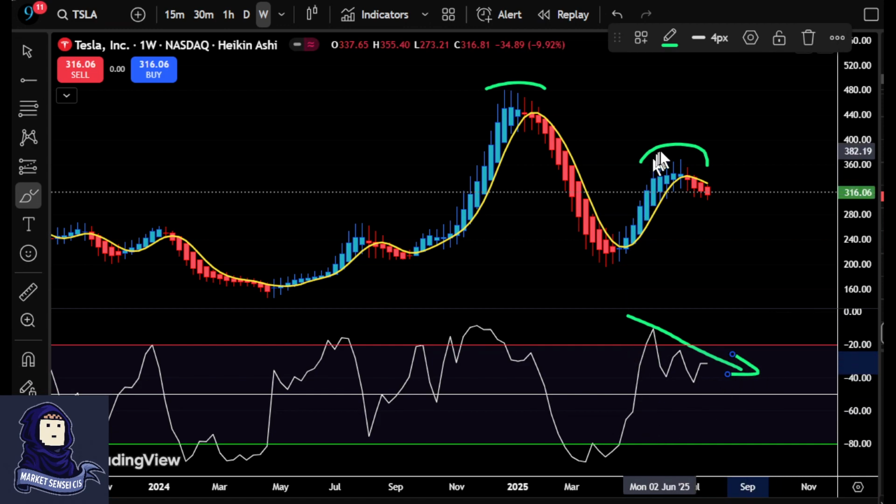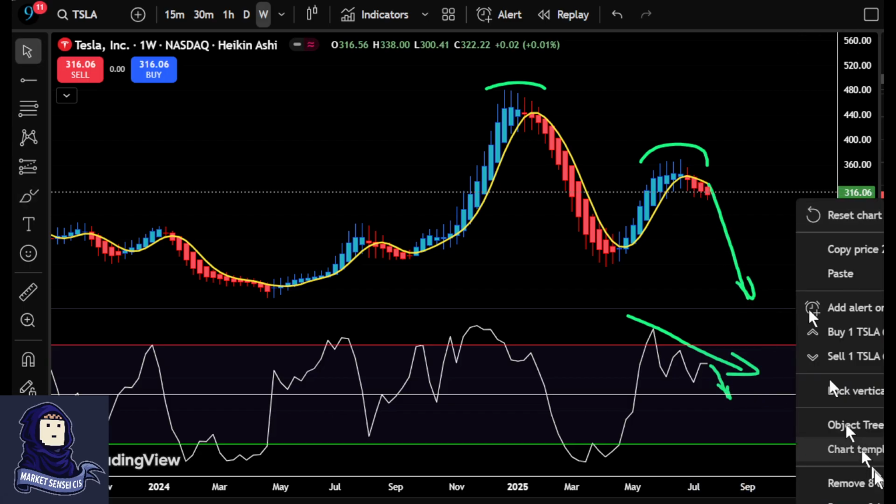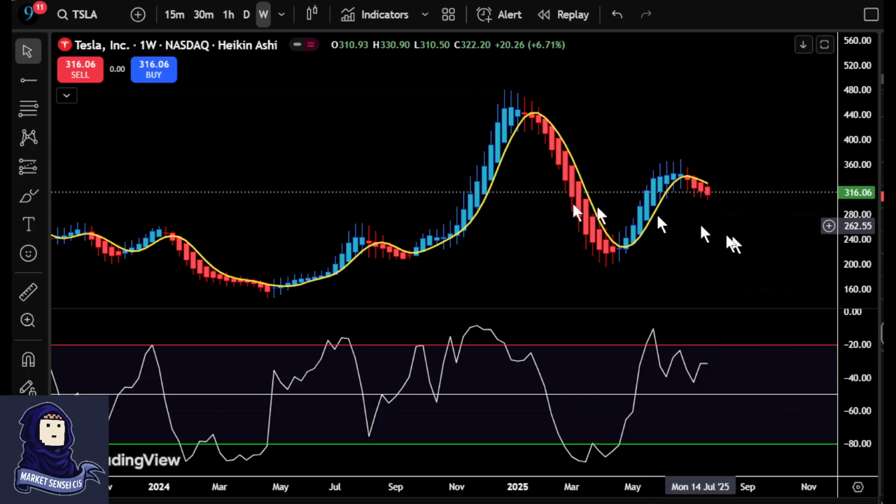When it points downwards from here, expect some kind of move downwards, because as the price is weakening, you can see it is weakening a lot. If it breaks below this 50 here, expect some kind of drop downwards. But for now, it's still holding on.